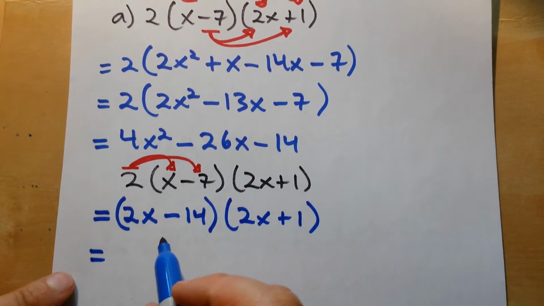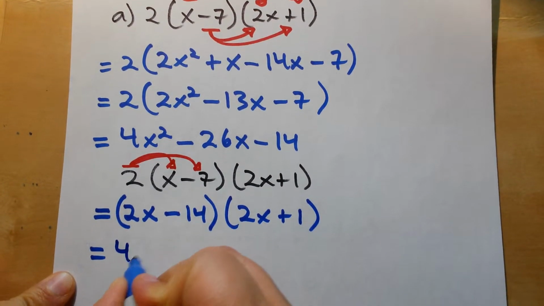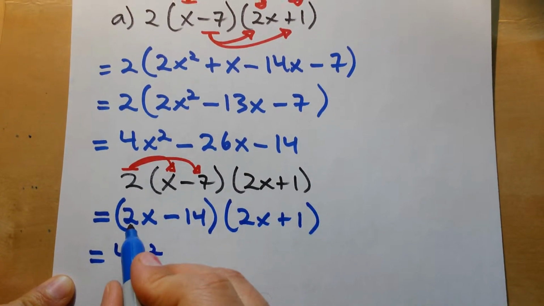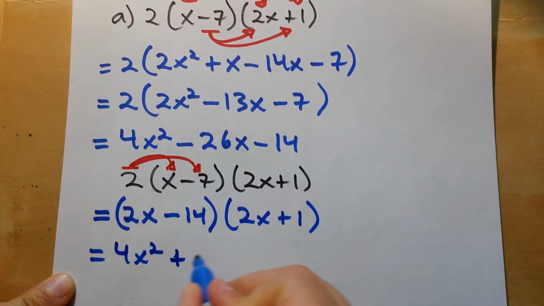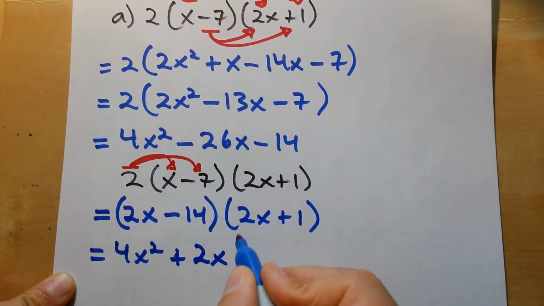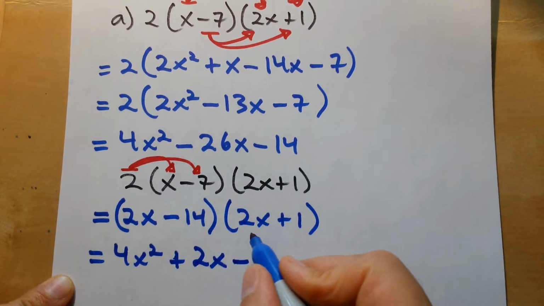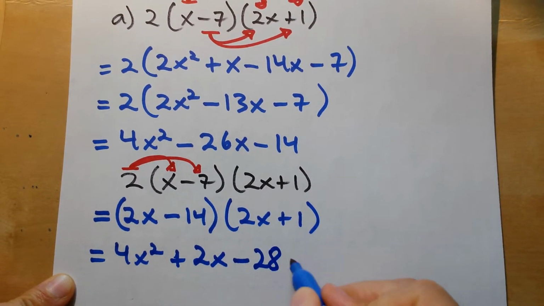We're very familiar with this already. So 2x times 2x gives us 4x squared. 2x times 1 gives us positive 2x. Negative 14 times 2x, negative 28x.